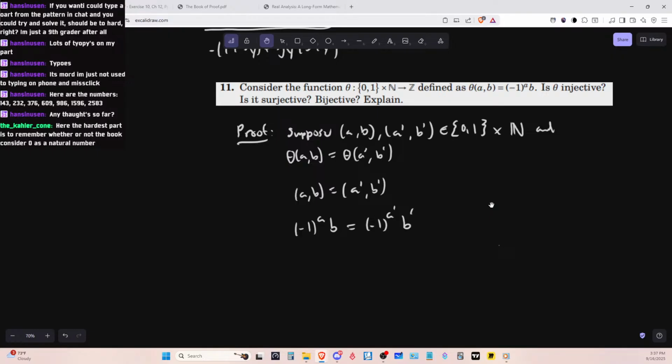A is supposed to be a pair of the natural numbers, like 0 and 1. So maybe A has to be 1 or 0. If A is 0, then it's going to be 1, and if A is 1, then it's going to be -1.